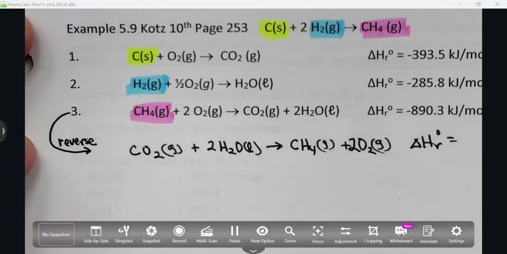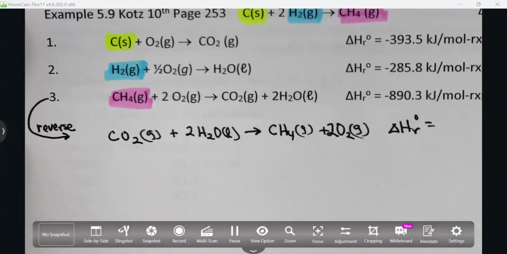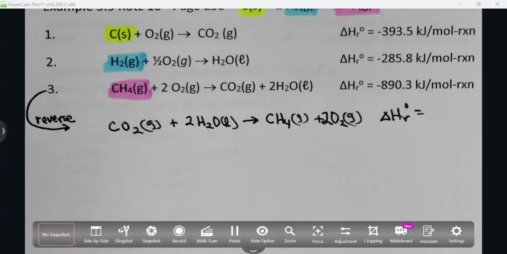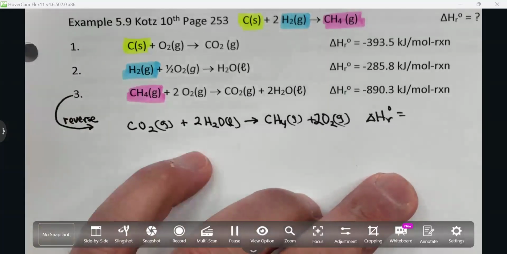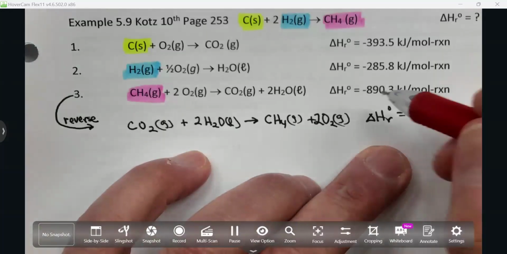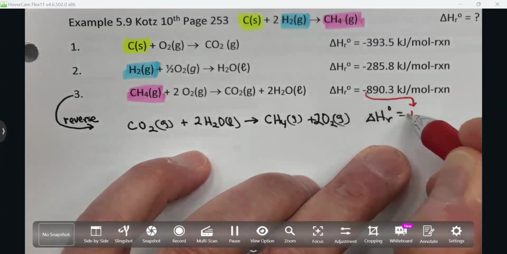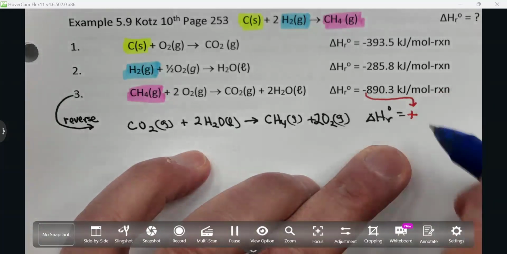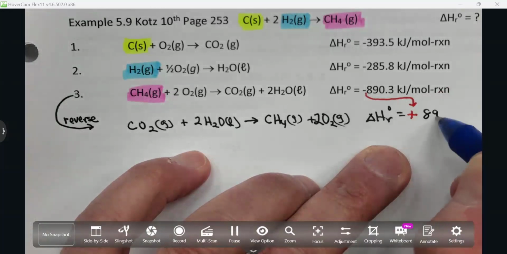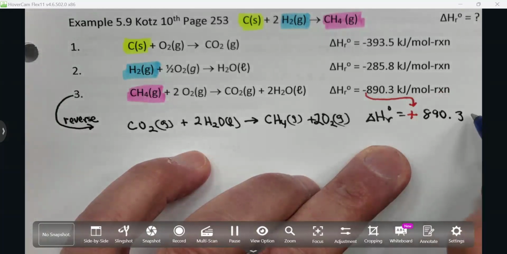Did I do that right? Yes. So if we reverse this, positive 890.3.